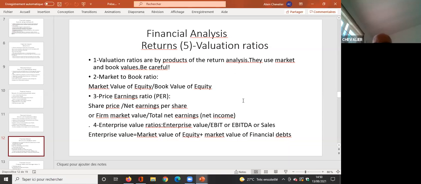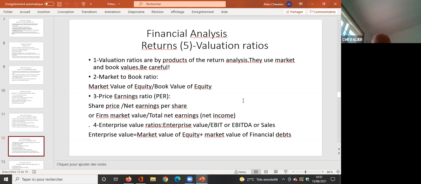You will also see another point that we deal with mainly in the valuation and M&A courses, which are the enterprise value ratios. It means calculating ratios such as the enterprise value divided by EBIT, EBITDA, or sales. We can calculate the enterprise value as the market value of equity plus the market value of financial debt.